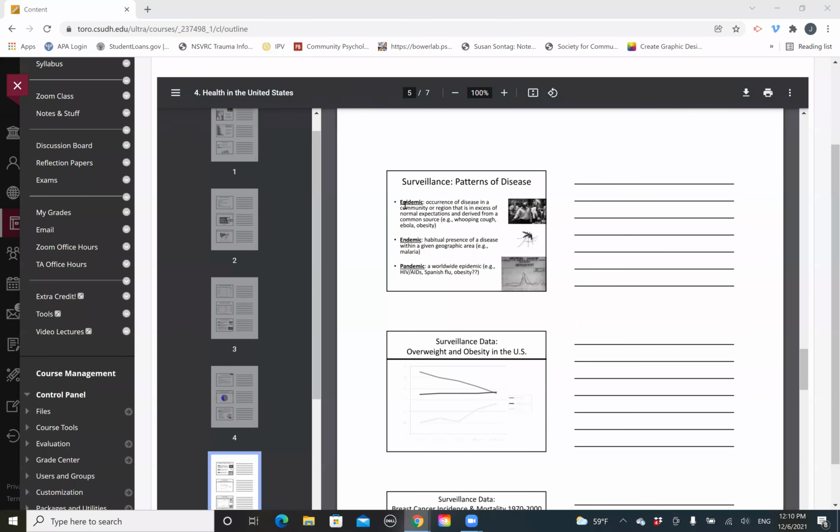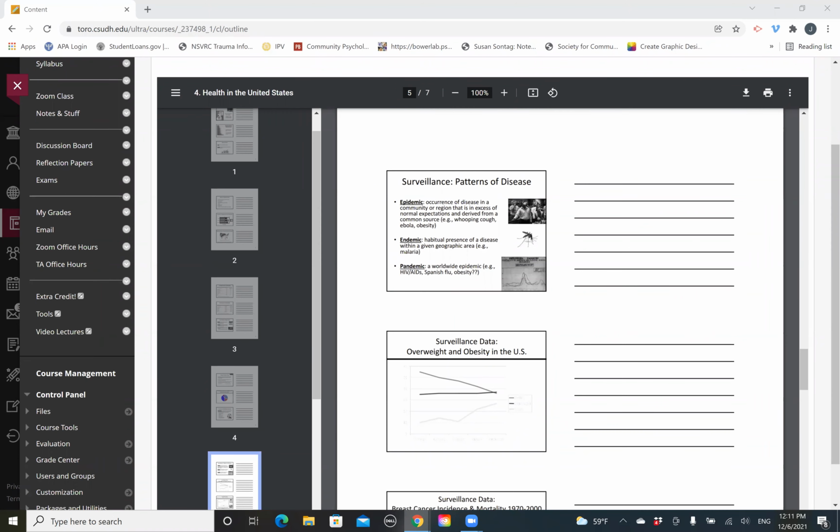Okay, so epidemic: occurrence of disease in a community or region that is in excess of normal expectations and derived from a common source. So epidemic, right? I don't know if you guys remember the SARS outbreak 10 years ago, right?